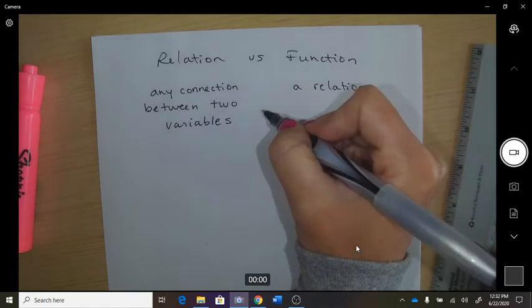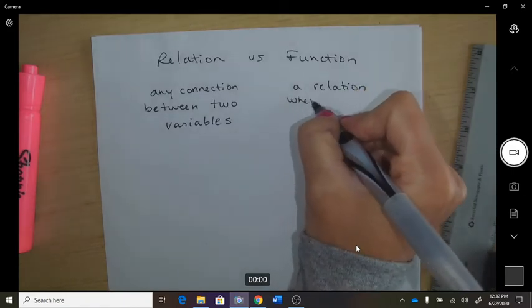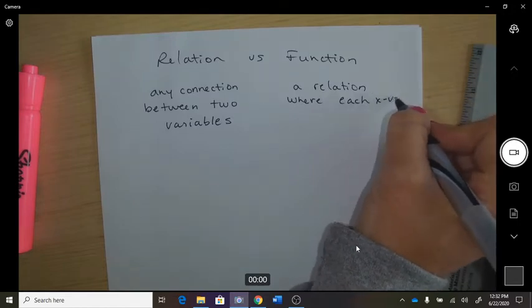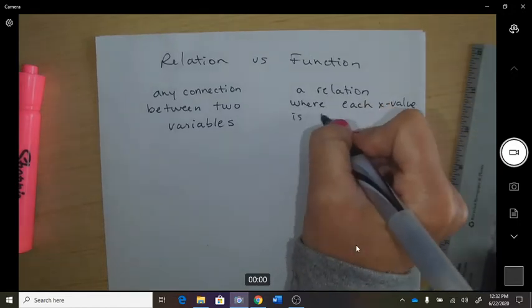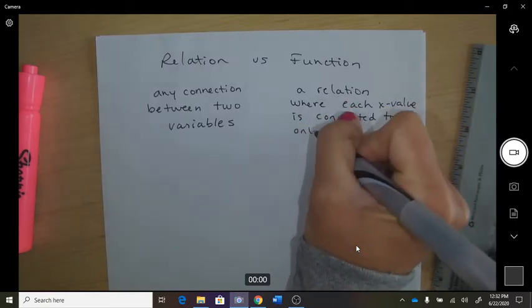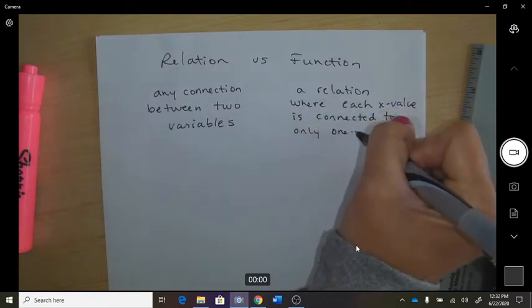So it is our relation, but where specifically each x value is connected to only one y value.